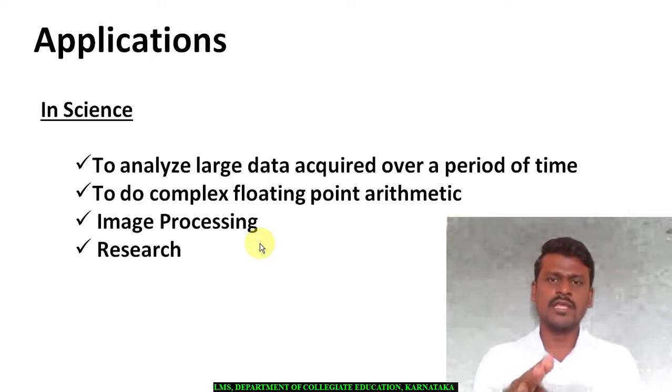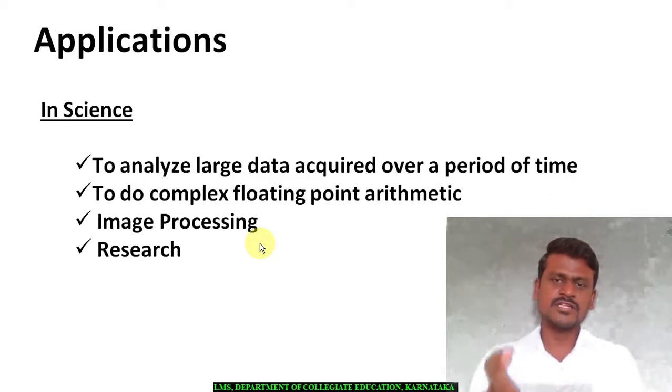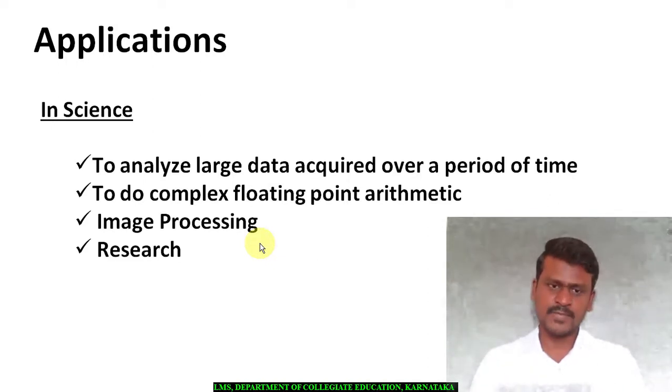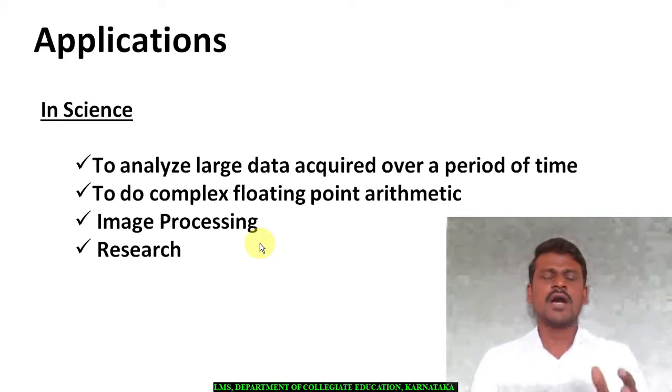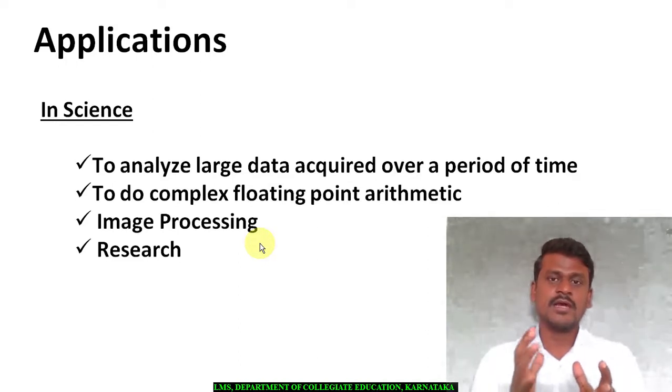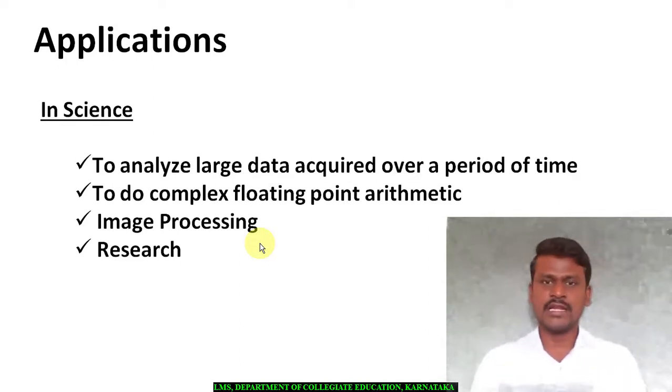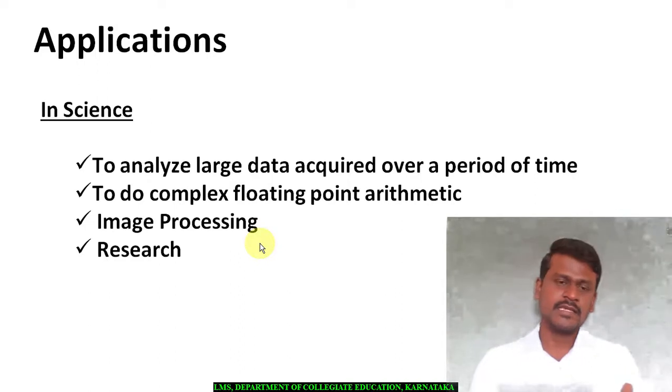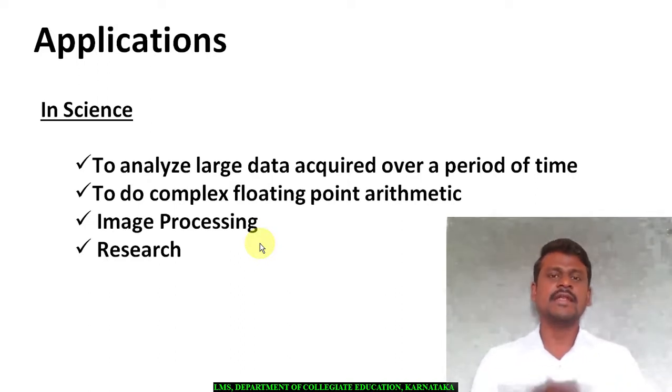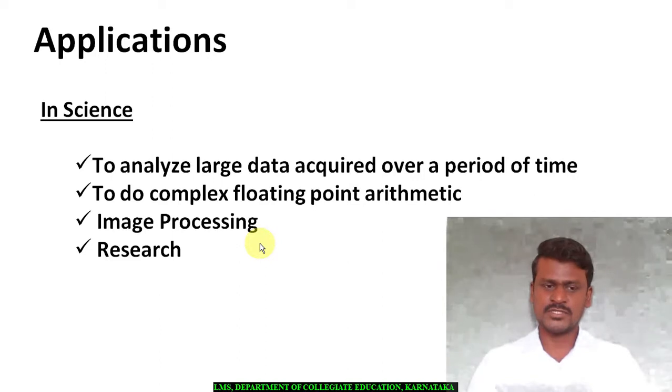If you go to Google Maps, it will give you the area covering the exact distance between two cities, right? To make that easy for us, many images have been taken through satellite. That is the image processing which is done in science. That is one example. There are many examples of image processing.